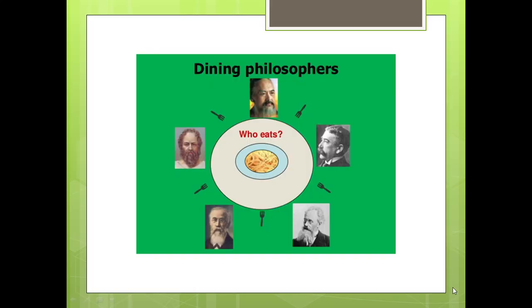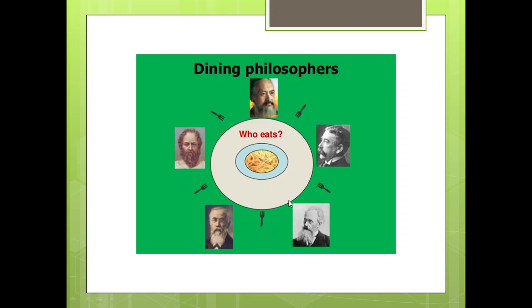The Dining Philosopher Problem states that there are 5 philosophers sharing a circular table and they eat and think alternately. There is a bowl of rice for each of the philosophers and there are 5 forks, or we can also say chopsticks.